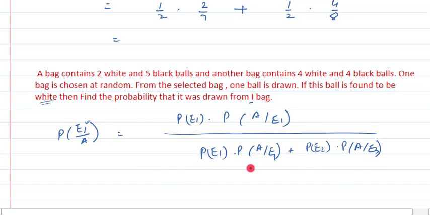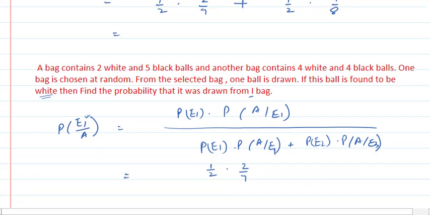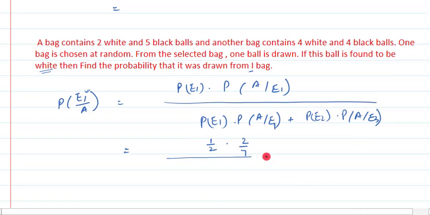Now let us put the values. P(E1) is 1 upon 2 and P(A/E1) we have calculated in the above example as 2 by 7. Next is 1 upon 2 into 2 by 7 plus P(E2) is 1 upon 2 and P(A/E2) we have calculated as 4 upon 8. So after simplifying this, we will be able to get the required result.